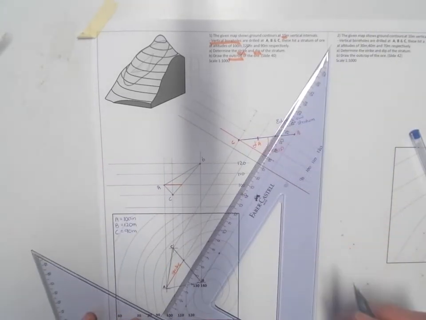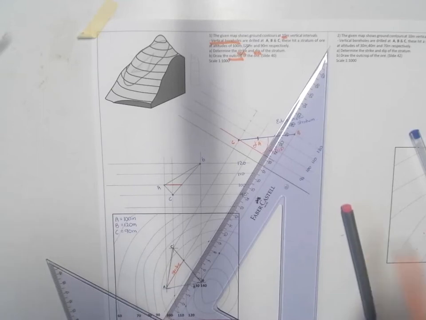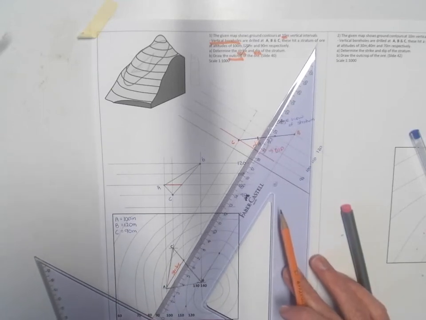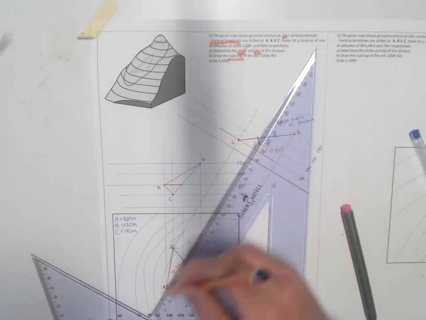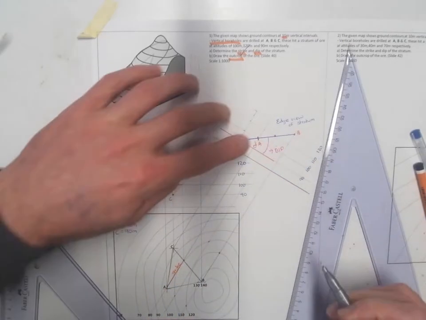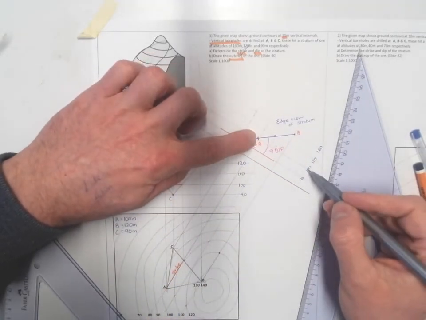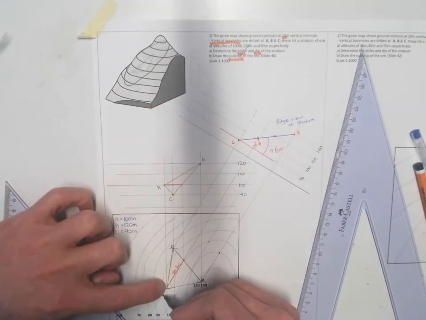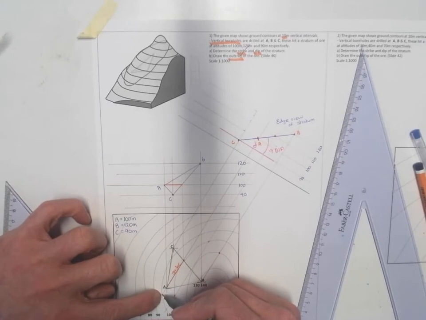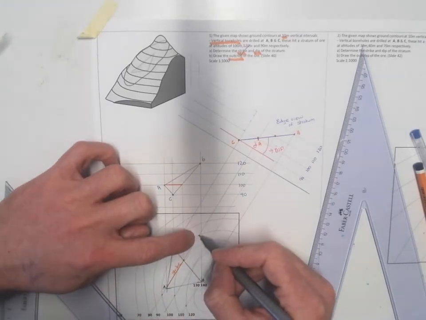Next we have point A. Just need to extend it on. So point A is at 100. So come down. So your 100 contour is there. Follow it up, and your 100 contour is there.